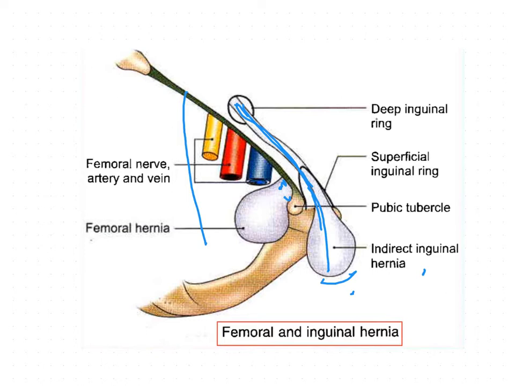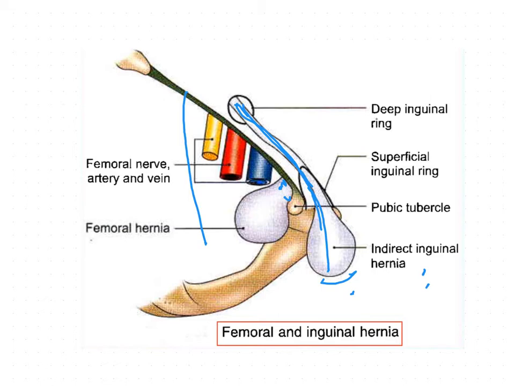Normally the indirect inguinal hernia commonly occurs in male infants and children, and has a narrow neck of the hernial sac. So this is about the inguinal hernia.